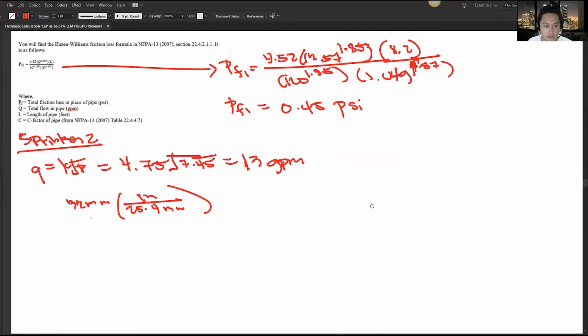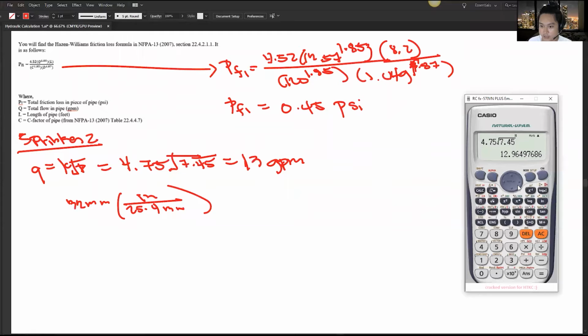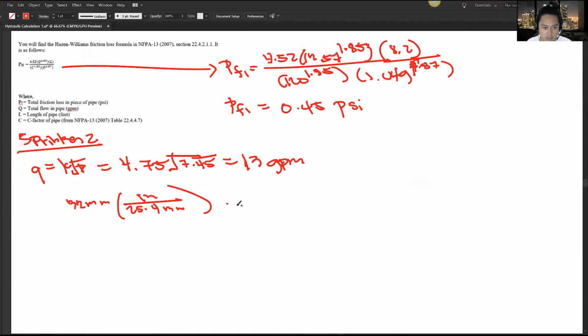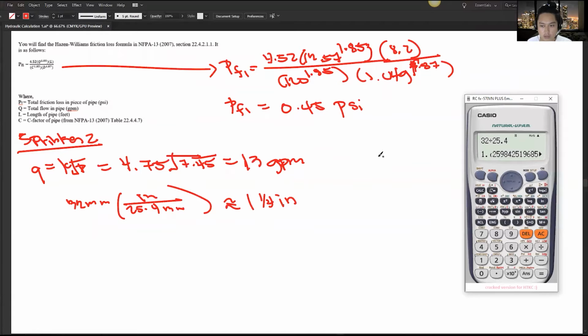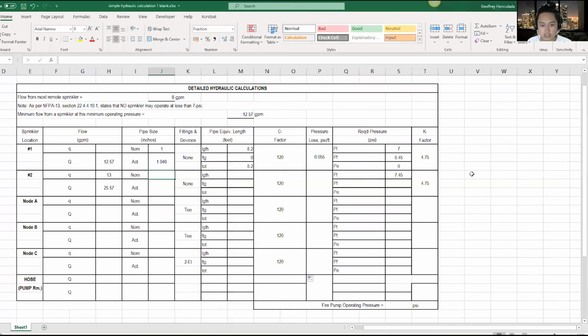If we divide 32 by 25.4, that's about 1.25. So this is roughly 1 1/4 inch. Okay, let's get back to our table here.